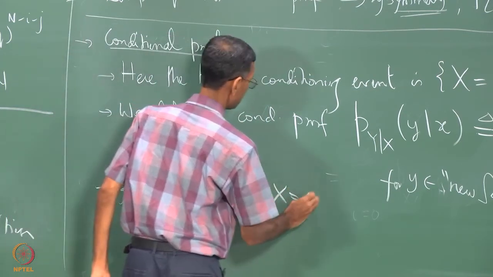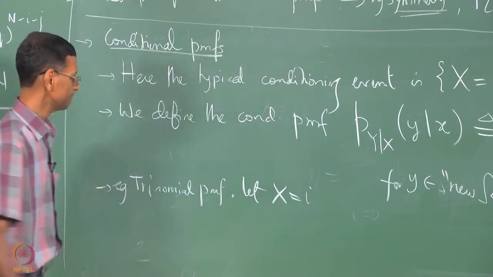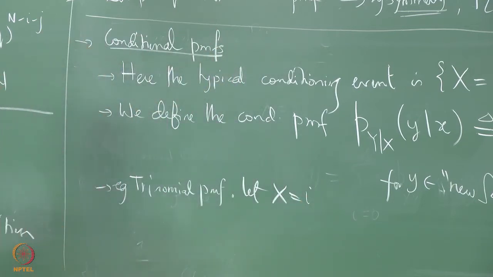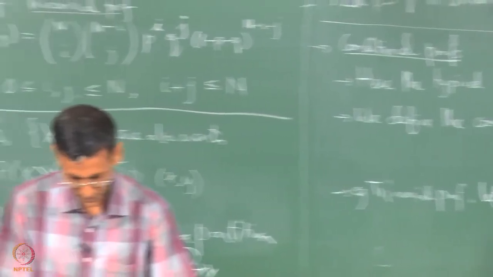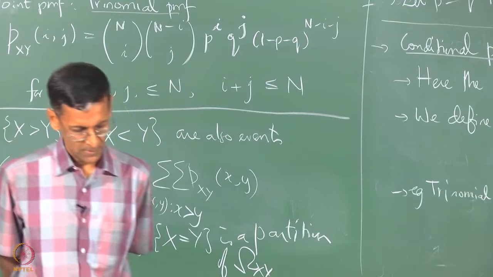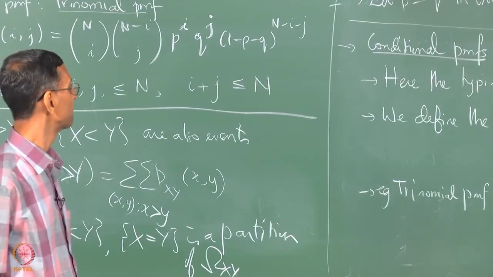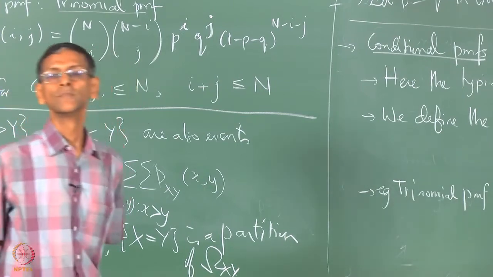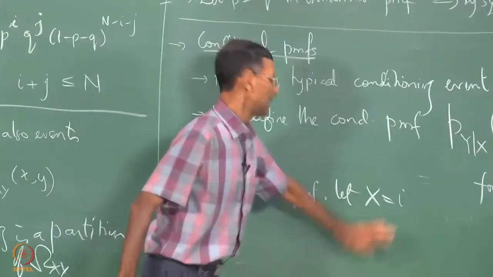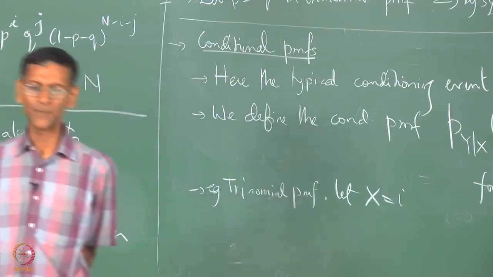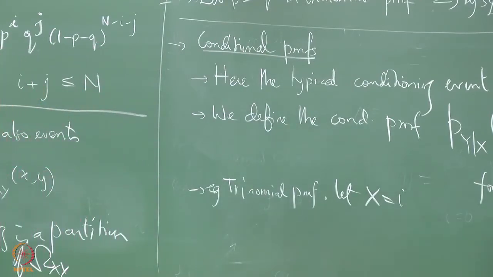Let's say X equal to i. In other words, what have we observed? We have observed that the event 1 has occurred i times. This is not a typical algebraic statement of saying let the variable X take the value i.